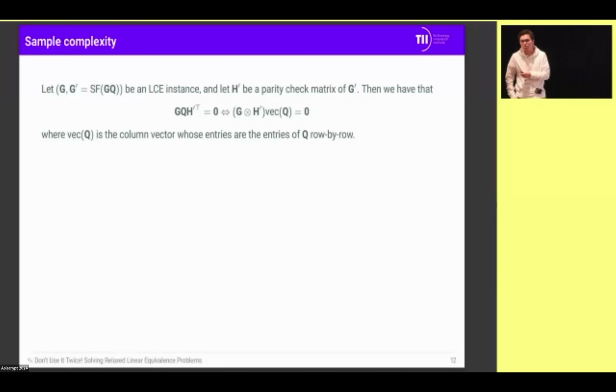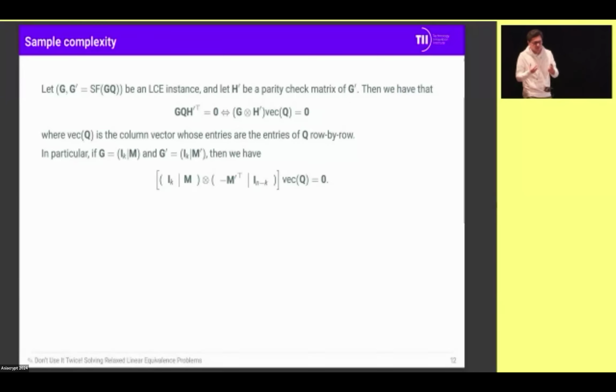The tensor product here is the Kronecker product, so you can think of it as multiplication entry by entry. And the vector of Q is just the full matrix Q seen as a list of elements, like a vector, row by row.